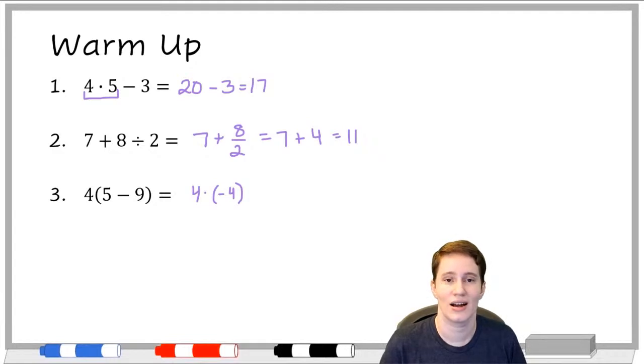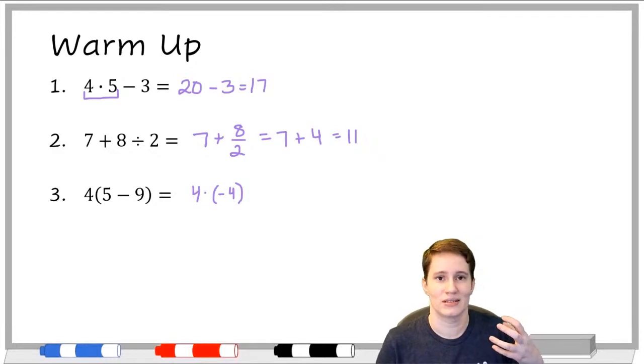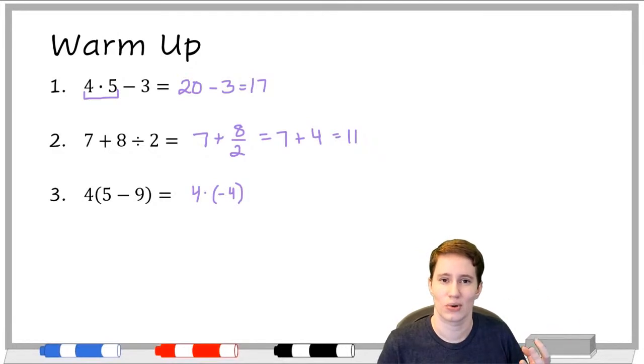Not having parentheses here and writing a multiplication symbol and a negative sign next to each other gives me the heebie-jeebies. So those parentheses don't necessarily mean do this first. They mean, hey, this number together is negative 4. And so now we're free to do our multiplication. 4 times negative 4 equals negative 16.